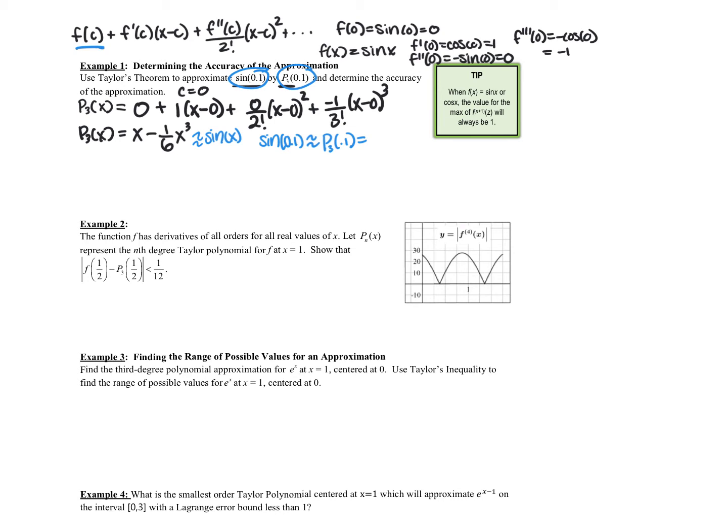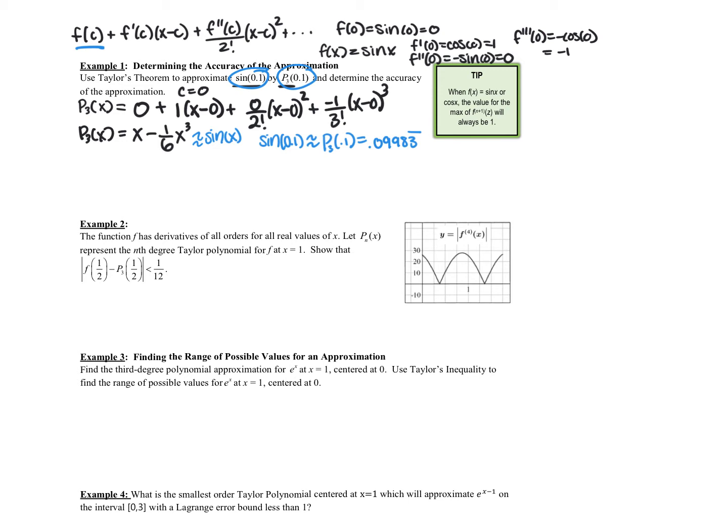If you plug 0.1 in here, I'll just tell you what you get: 0.09983 repeating. So that's an approximation for sine of 0.1. Now, is that the perfect value of sine of 0.1? No. And the error will be bound by this Lagrange error bound, right? Whatever the error is, it will be bound by this fourth term, like Lagrange error bound thingy we get, okay?